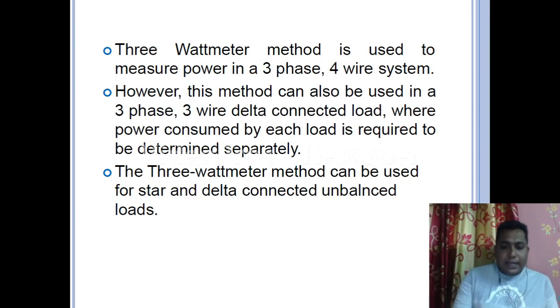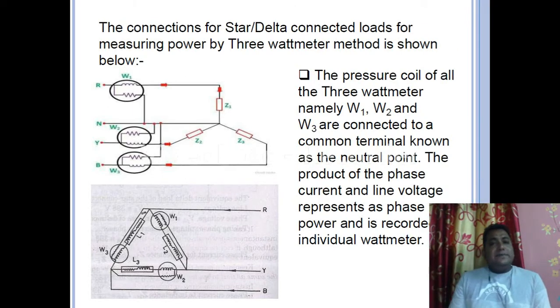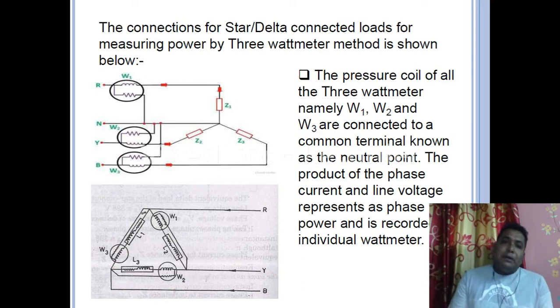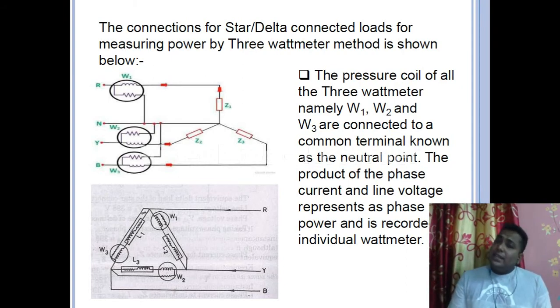Okay, coming to the next slide. This is the connection for star and delta connected loads for measuring power by the 3 wattmeter method. Here, the above diagram represents a star circuit and the below diagram represents a delta circuit.